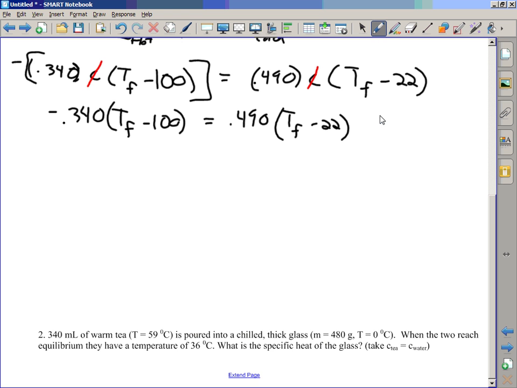Okay, so let me distribute now. So I got negative 0.340 TF minus negative, plus, what's 0.340 times 100, somebody? So you don't need a calculator. Maybe you do need a calculator. 340. Very good. Two zeros mean you're going to jump your decimal place twice.